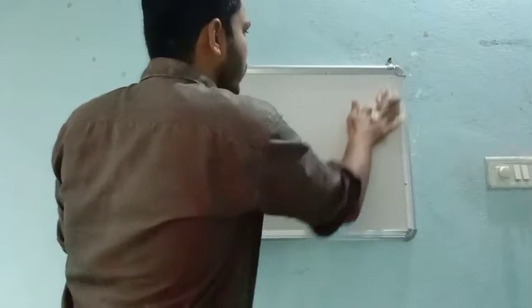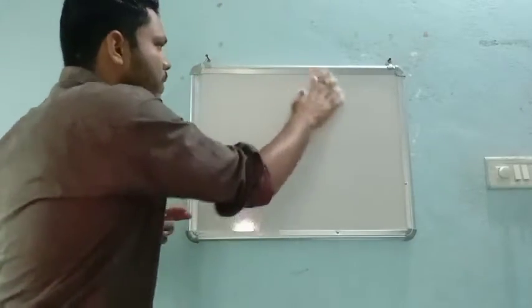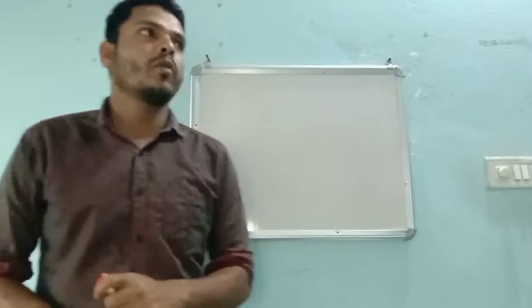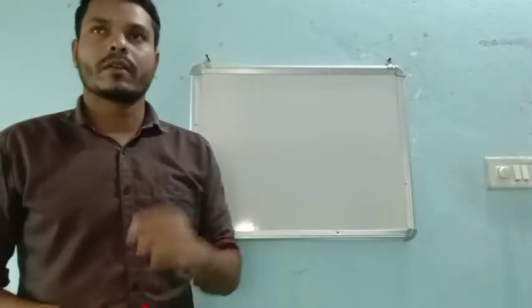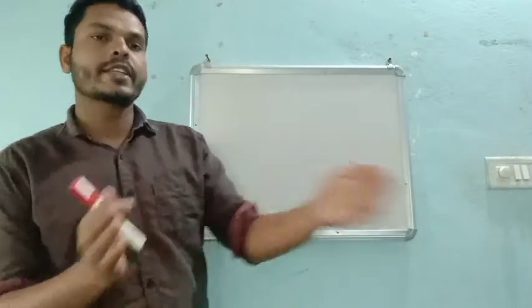So this is very important for 1 mark. Don't forget about this. So today we will move towards a very important part of our syllabus, that is the next part of our syllabus.